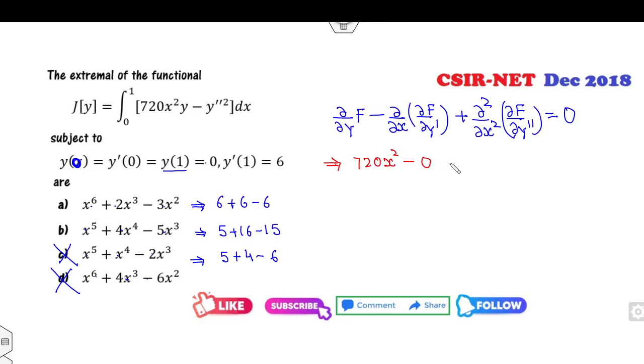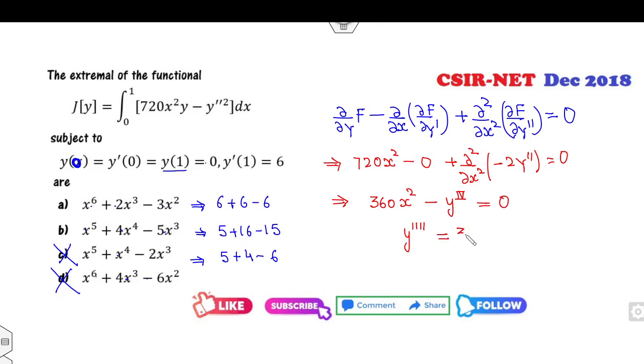There is no y dash, 0. Second derivative of y double dash minus 2y double dash. I can take 2 as common, cancel out. 360 x square minus y fourth derivative, 0. That means the fourth derivative will be 360 x square.